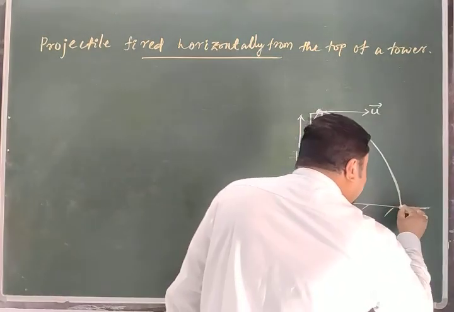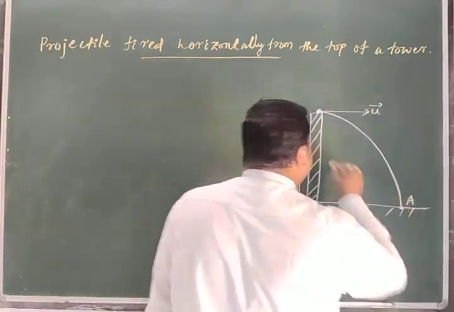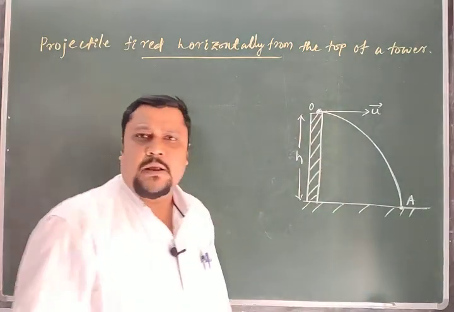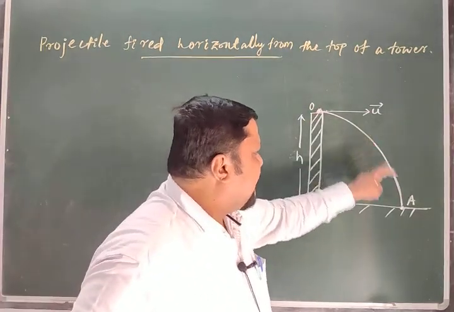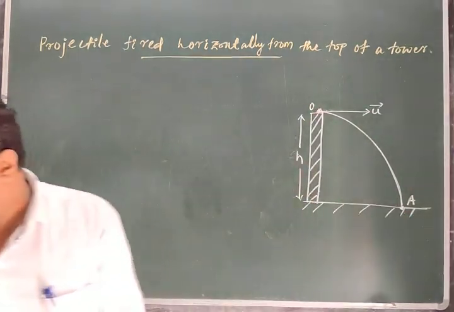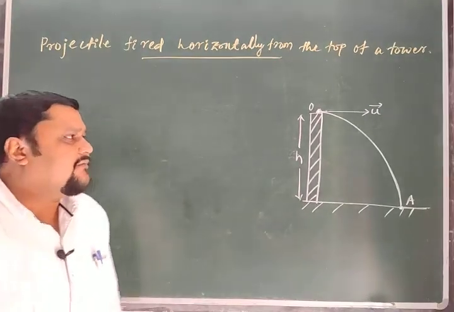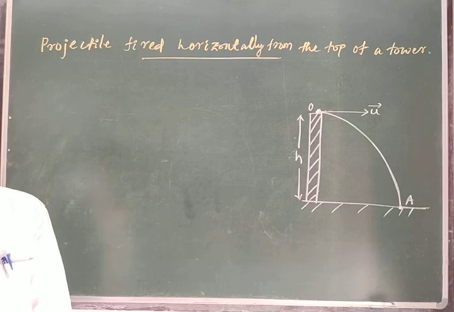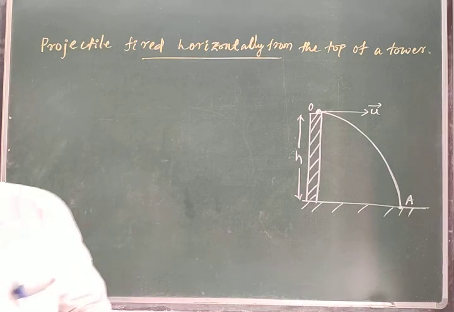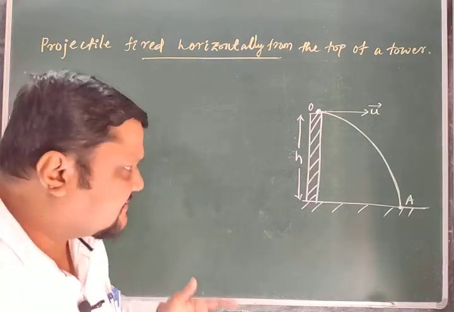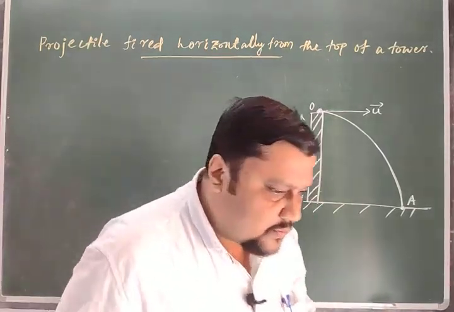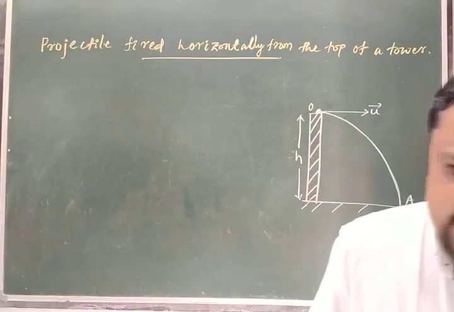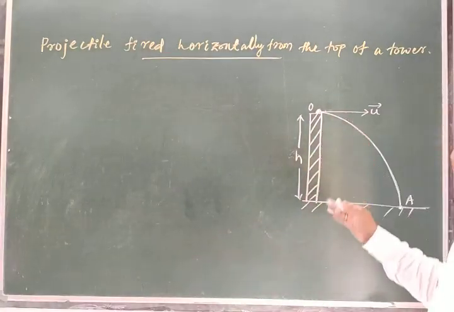Let it hit the ground at the point A, and this is the point of projection O. From O it is projected and hits the ground at A. Before we find the different cases, remember the motion is under two motions: one is the horizontal velocity, the other is the acceleration due to gravity.